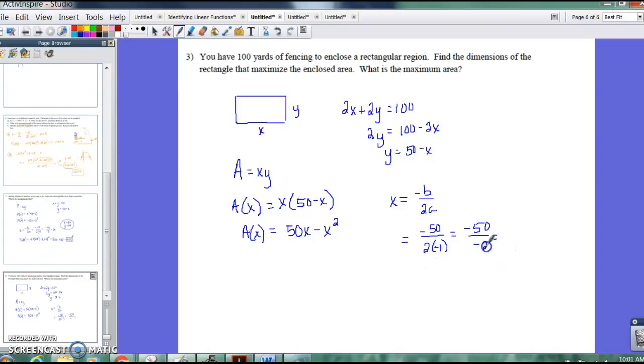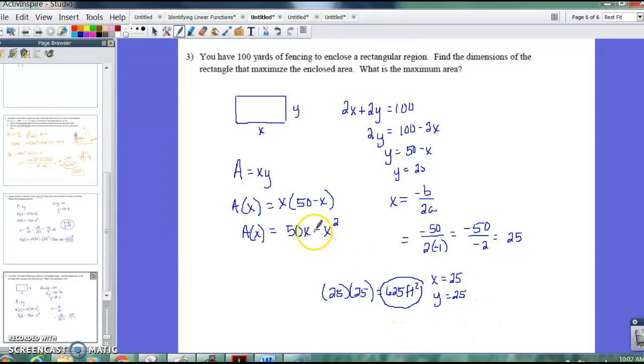Negative 1, so that makes the denominator negative 2, and that would make it 25. So x is going to be 25, and then I can plug that back in. If x is 25, then I also know that y will be 25. So I have x is 25, y is 25, and when I multiply those together, I end up with 625 feet squared as my maximum area.